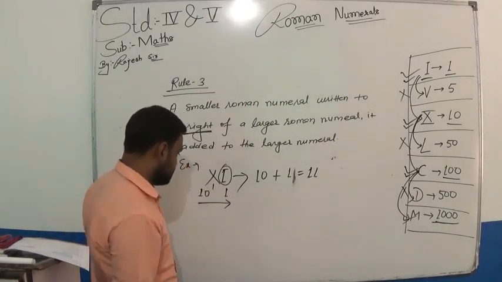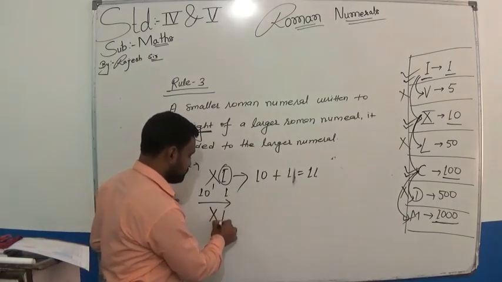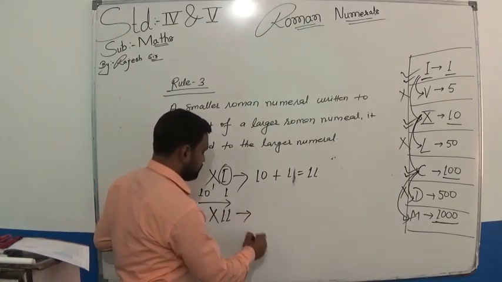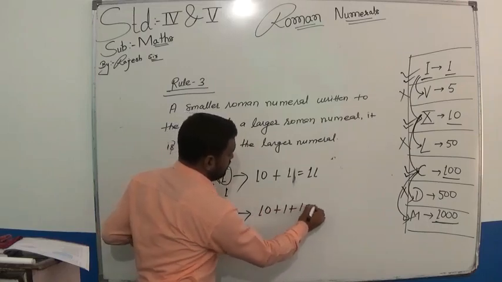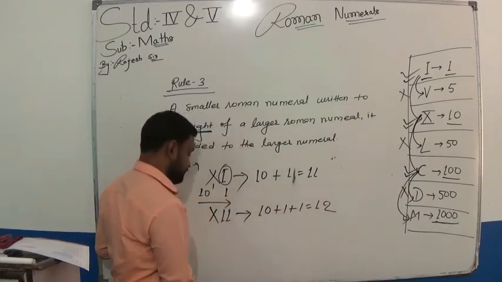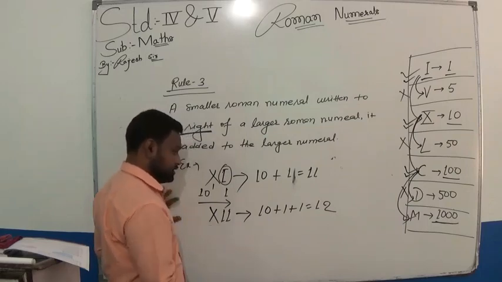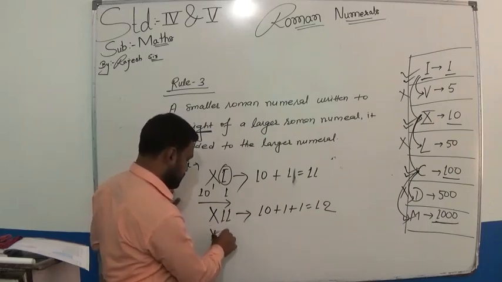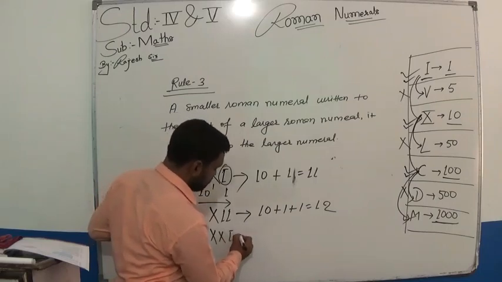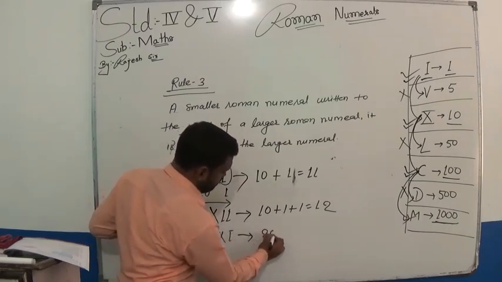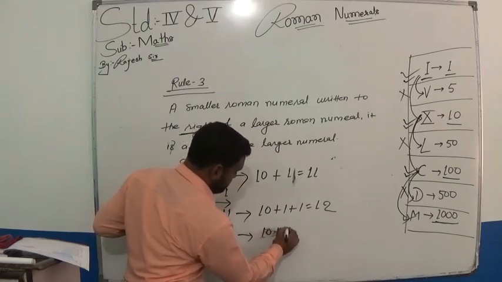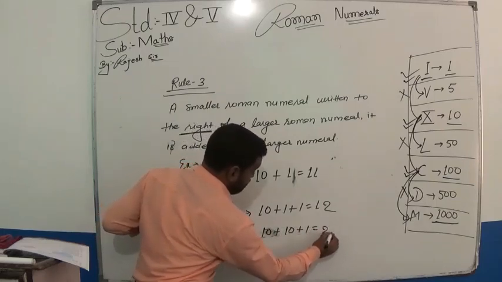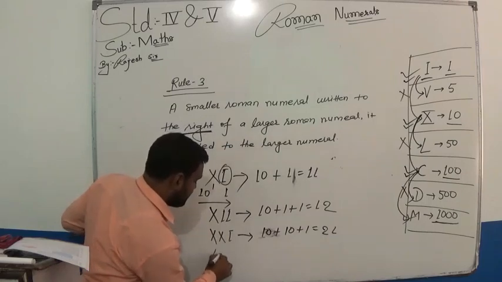Okay, now next. 10 plus 1 plus 1 will become 12. Same way, 10 plus 10 plus 1 is 21.